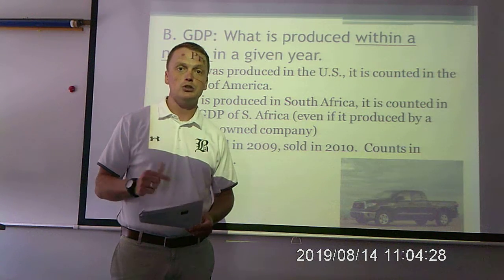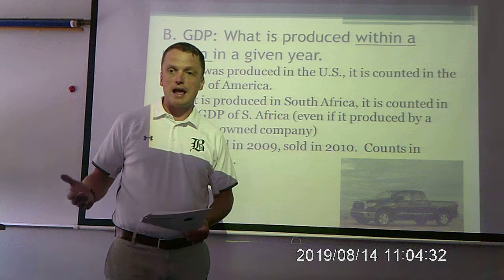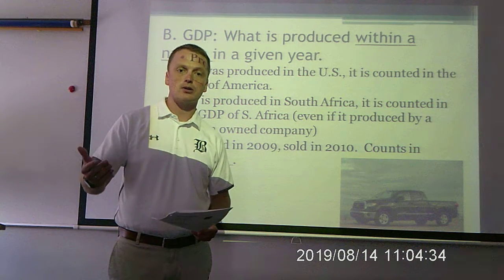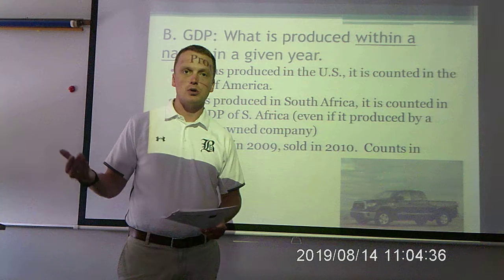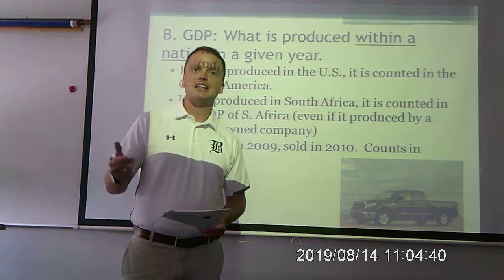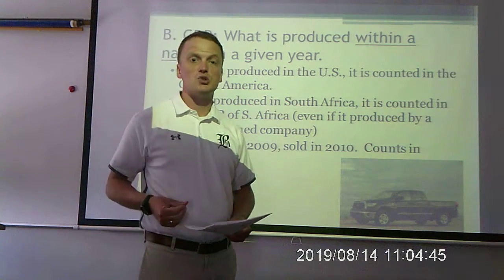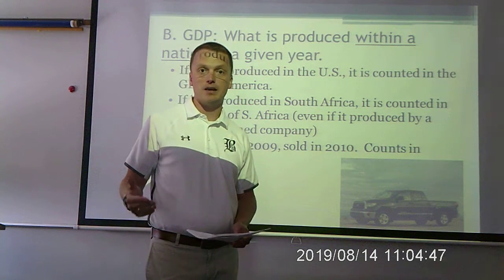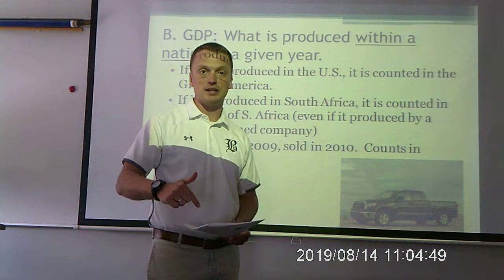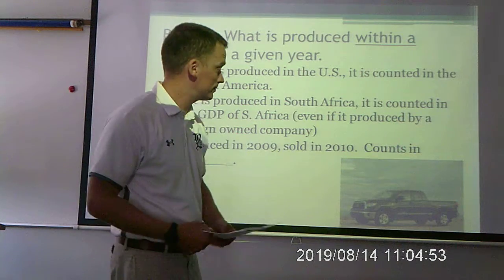So, for example, you're selling a Honda Accord, right? And a dealership sells this Honda Accord in Missouri to a Missouri resident, then that counts towards U.S. GDP. It doesn't count towards Japanese GDP because it was sold in the United States, even though it may have been produced somewhere else.